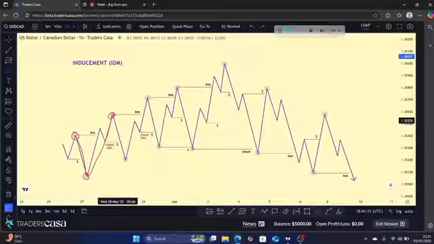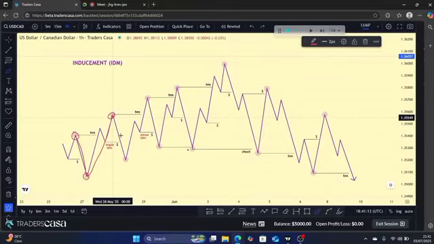Then after that it forms a higher low, because this here was the low, but now price has formed a low higher than the previous one, so this is called a higher low. Then another leg like that, so you can clearly see that we're bullish because price is rising.